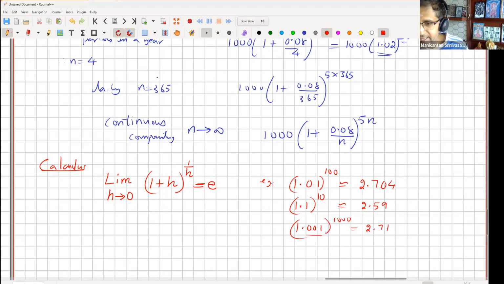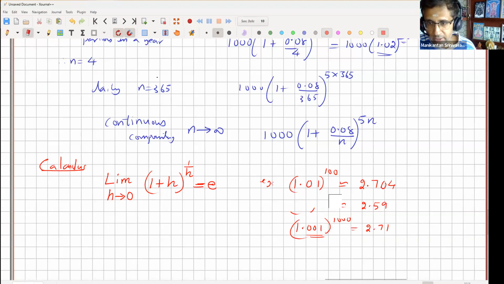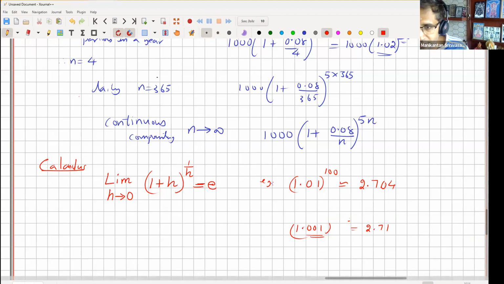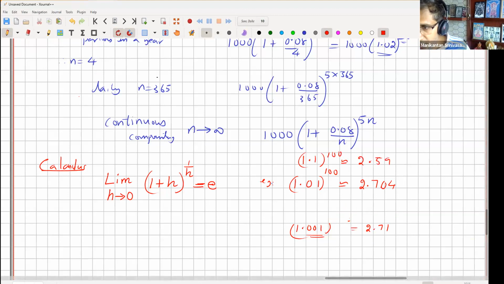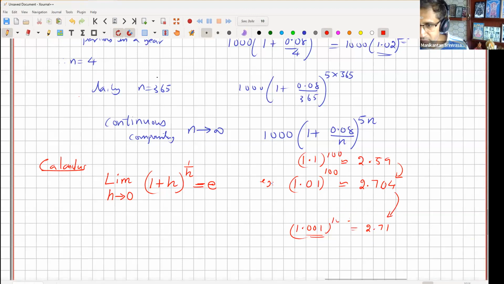As you keep decreasing h, maybe I should have written in decreasing order. I should put the 1.1 to the power 10 at the top, so that you can see it's approaching. So 1.1 to the power 10, as was called out, was around 2.6 or 2.59, whatever. Now 2.704, and then it's approaching 2.71.